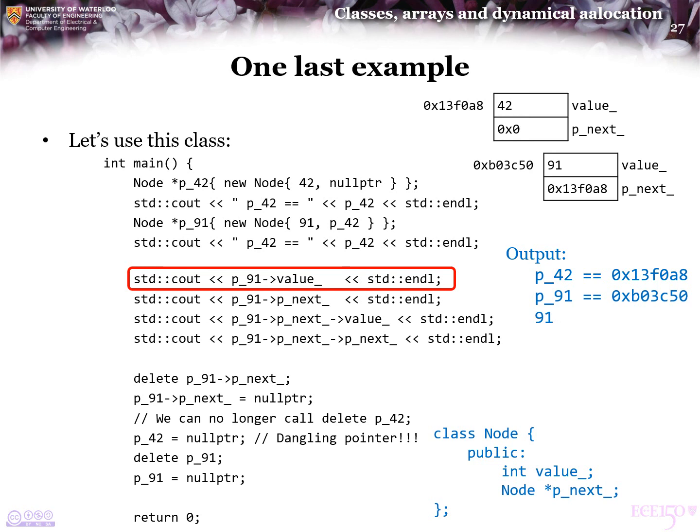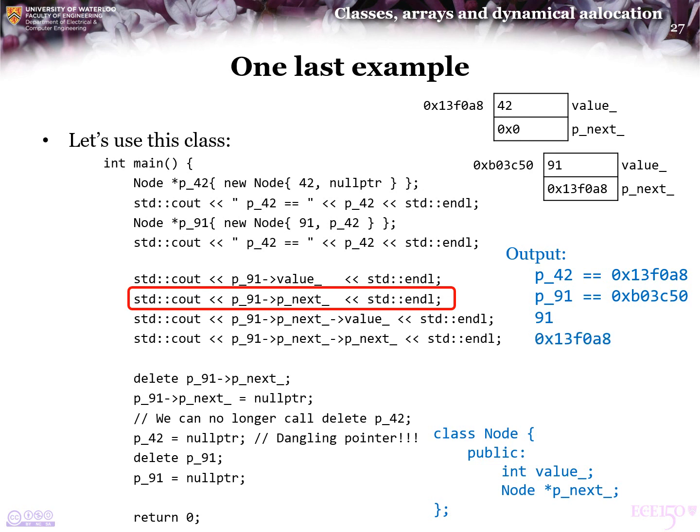Okay, next. Now we are printing the value of the member variable pointer to next at the address P91. Once again, the pNext address at the address P91 is 13F0A8, that value that is stored there. So that's what's printed to the screen.